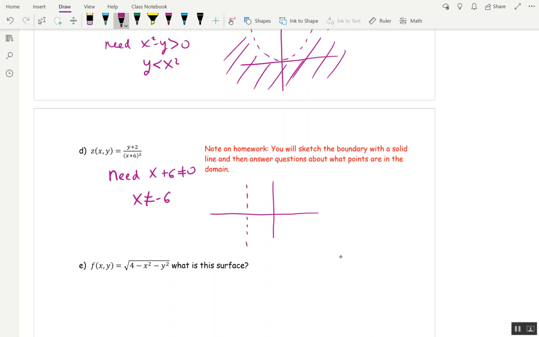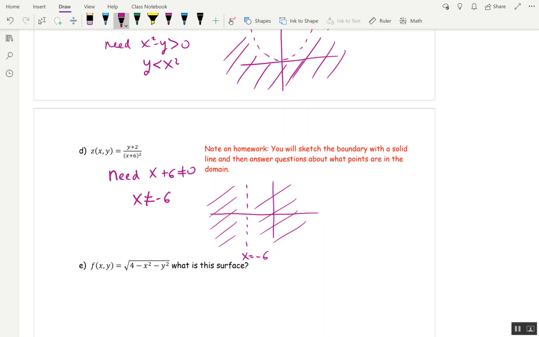This is the line x equal negative 6. And I'm using a dotted line because those points are not in the domain. Any other coordinate pair xy is in the domain. So I'm going to shade in this side of that dotted line and this side. All those points that I've shaded are in the domain.